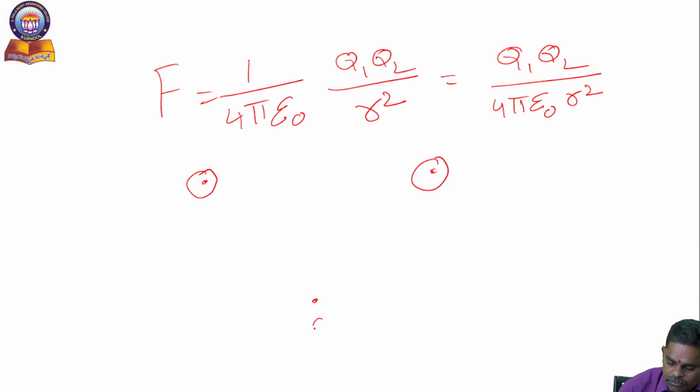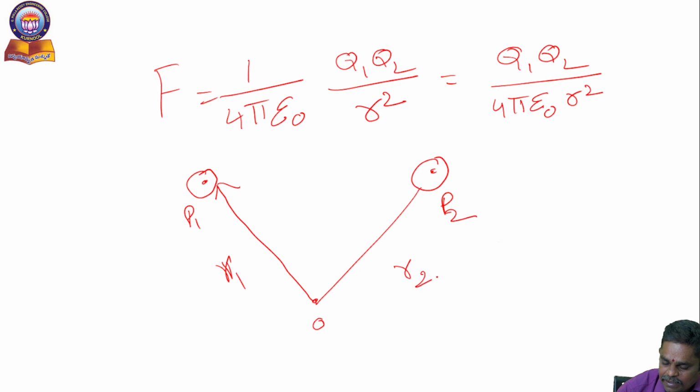I am calling this one the origin, this one is point 1, and this one is point 2. The distance from the origin to P1 we call R1, and to P2 we call R2. The force on P1 is F1 and the force on P2 is F2.